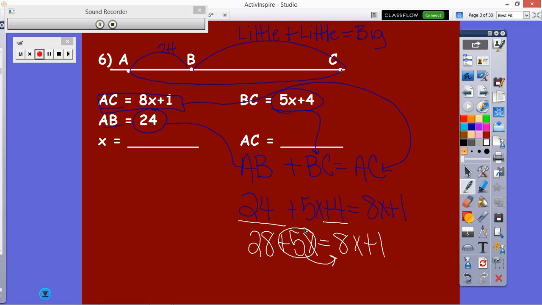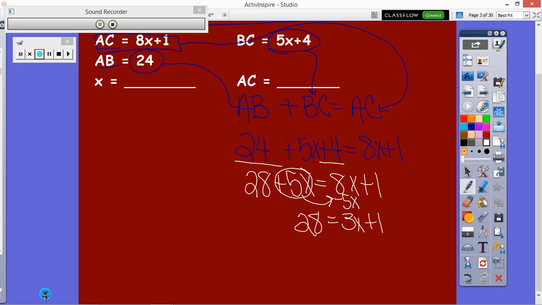If I move 5 to 8, I'm going to have to subtract that 5 over, leaving me with a 3x plus that 1. And so now I'm ready to move my 1. 1's going to come over and subtract, leaving me 27 equals 3x. I'm now ready to divide to find out that x is 9.